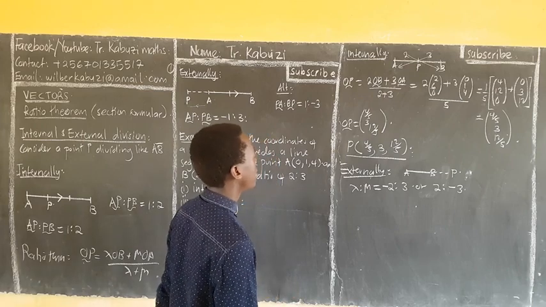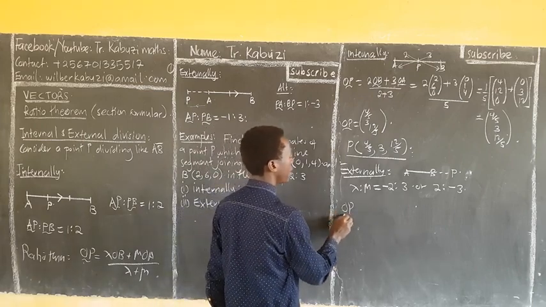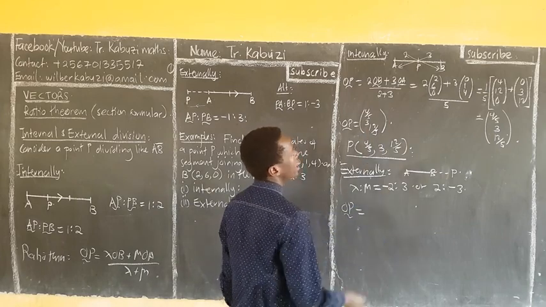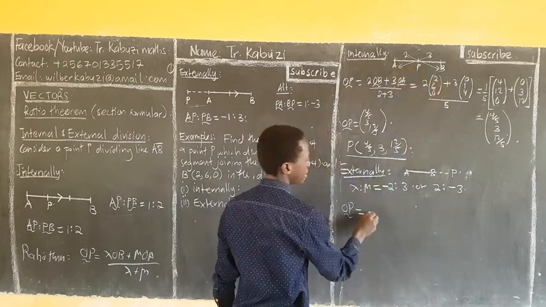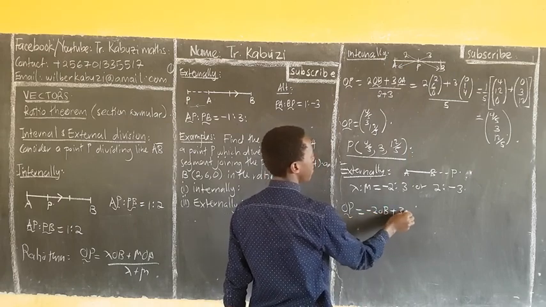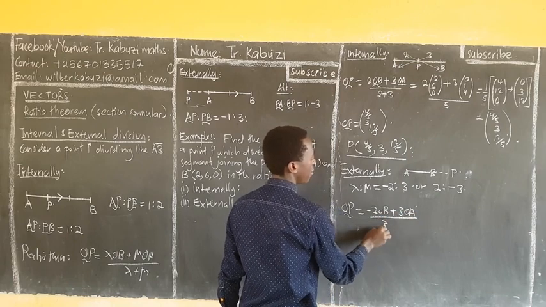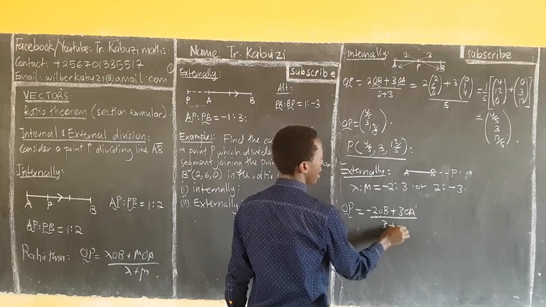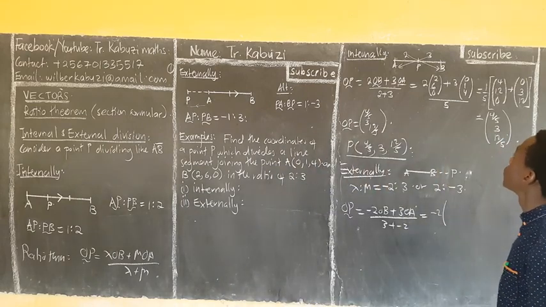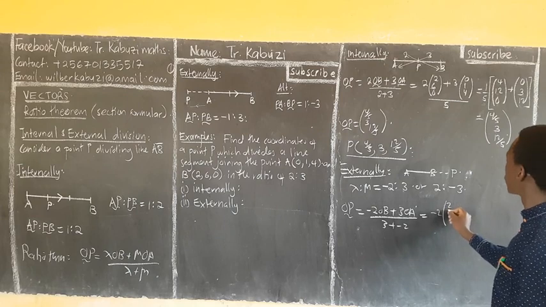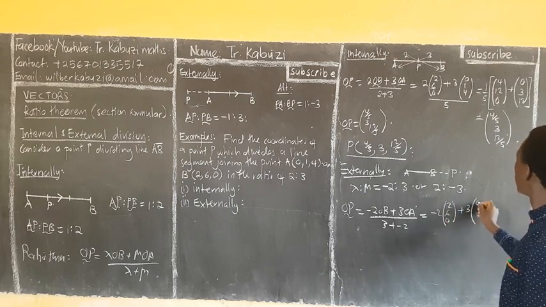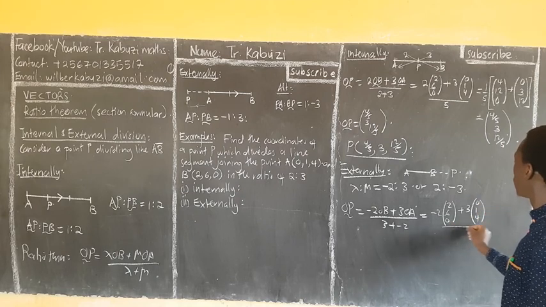So using the ratio theorem still, my OP will be: the first ratio multiplies the last coordinate. This is now negative 2 times OA, plus 3 times OB, over 3 plus negative 2. We substitute negative 2 into OA, which is 2, 6, 0, then plus OB, which is 3, 0, 14, the whole over 1.